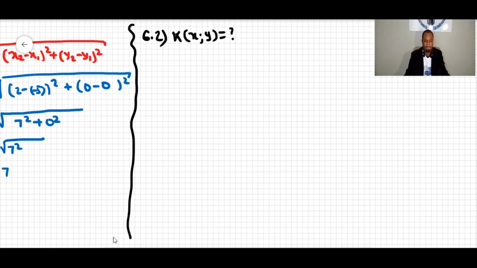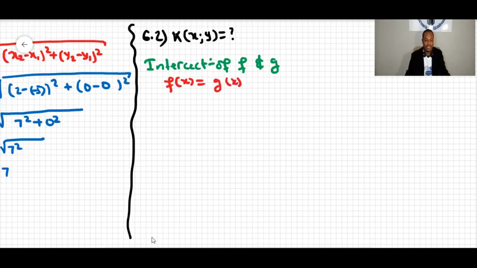Okay, we said that intersection of f and g means that we're going to make f of x equal to g of x.